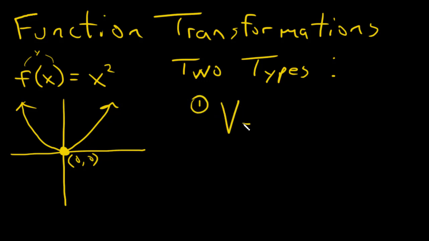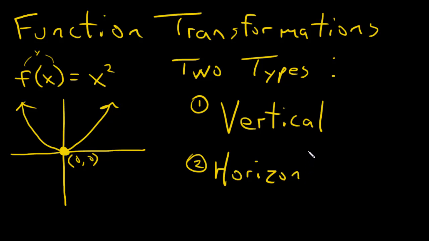There are vertical transformations, and you guessed it, horizontal, okay? Now, we're going to start with vertical transformations, and then we'll move over into horizontal transformations. And we'll also be using Desmos a little bit to be able to actually see what's going on.